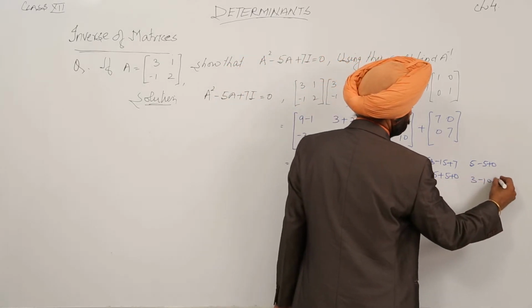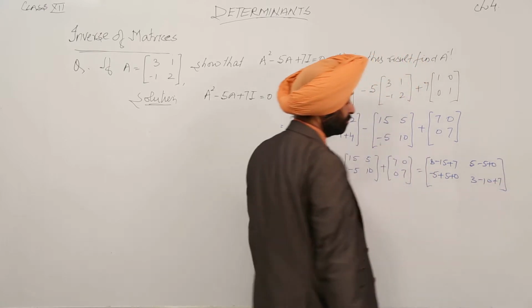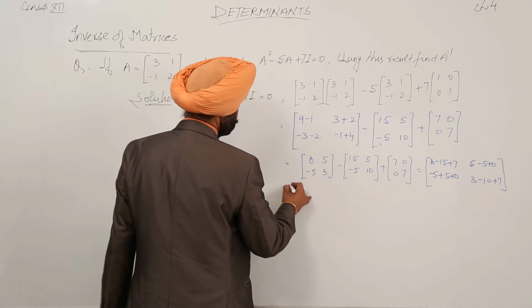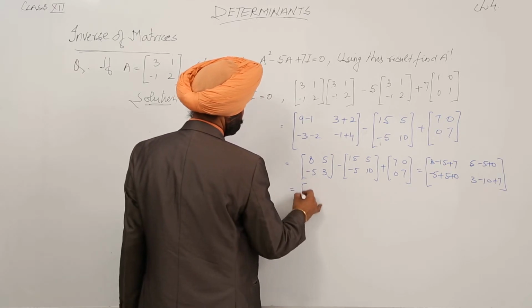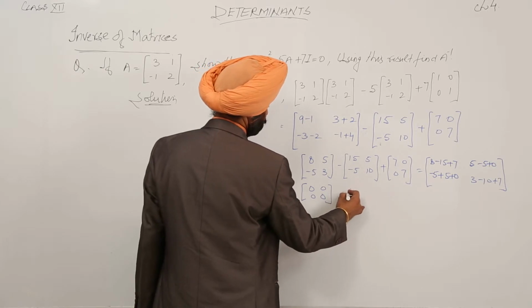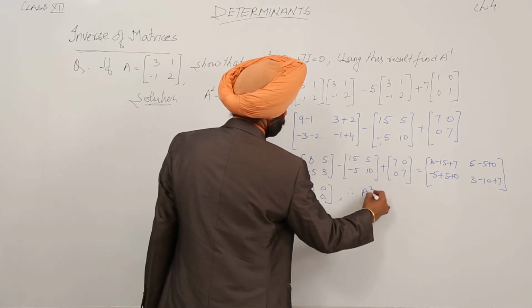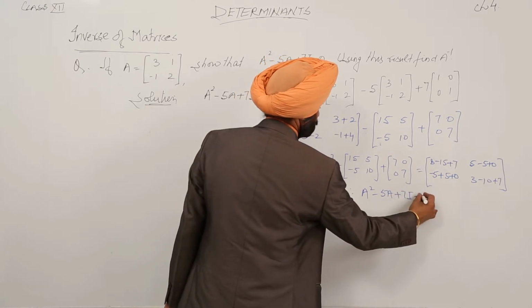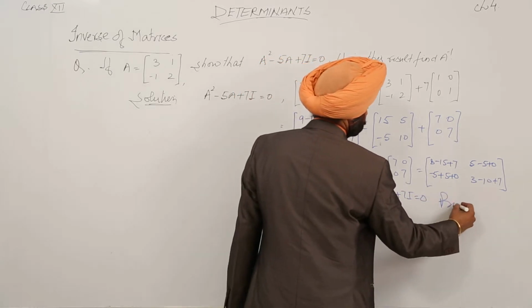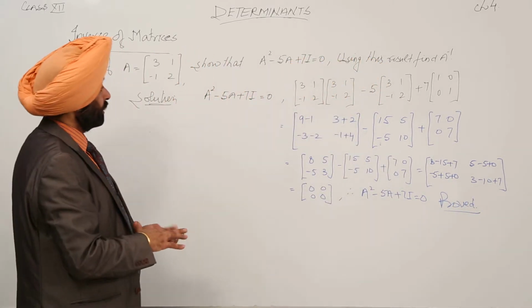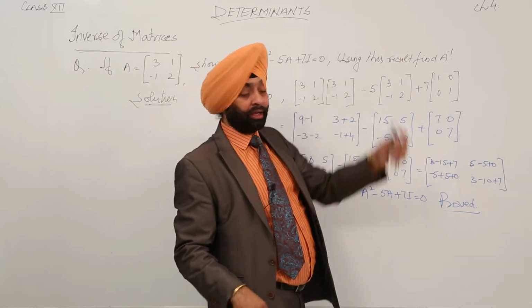So we got 0, 0, 0, 0. Therefore, A squared minus 5A plus 7I is equal to 0 and this part is proved. Now, using this result, we have to find A inverse.